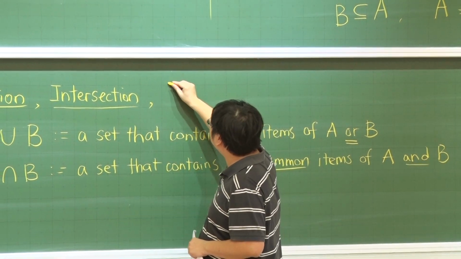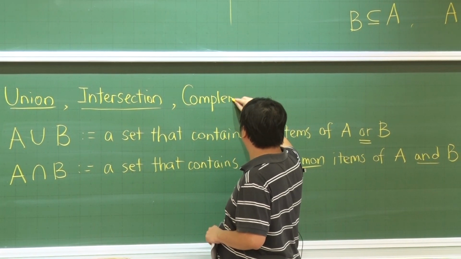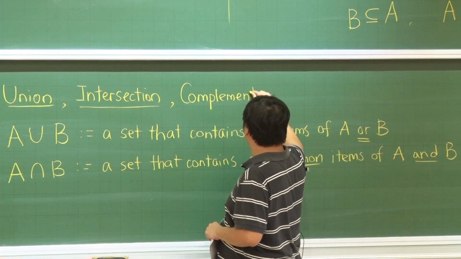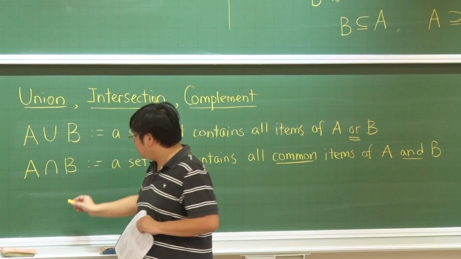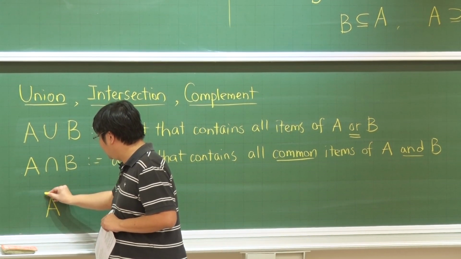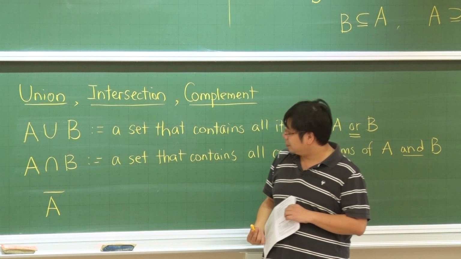And then another one. We will also define something called the complement of a set. The complement of a single set: you have an A, and then you write a bar over it.